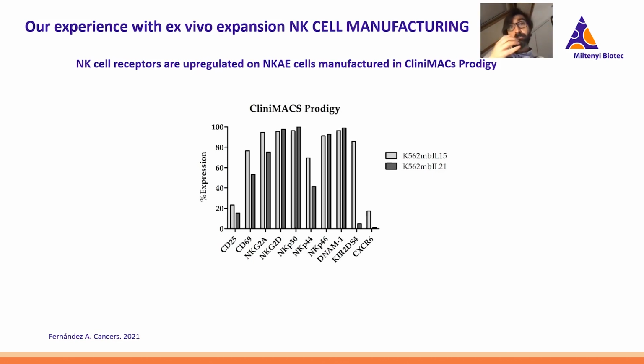We also analyzed the NK cell receptors of this GMP NK cell product. You can see we do not observe any difference. We performed CD25 activation, CD69 activation, NKG2A, NKG2D, NKp44, NKp30, TIM-3, KIR receptors, or CXCR6 receptors.